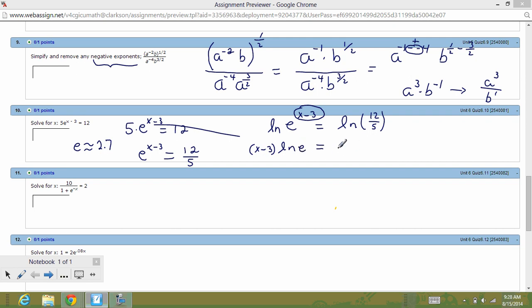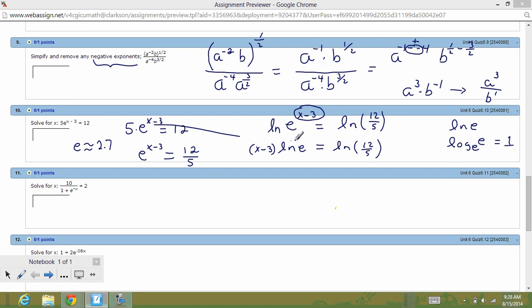And let's remember, when you have a log of some base of that same number, that's going to go to a 1. In other words, right here, this natural log of e, that means log base e of e. And of course, the log base n of n is always equal to what number? That's always equal to a 1.